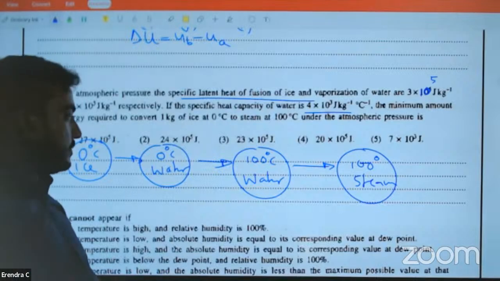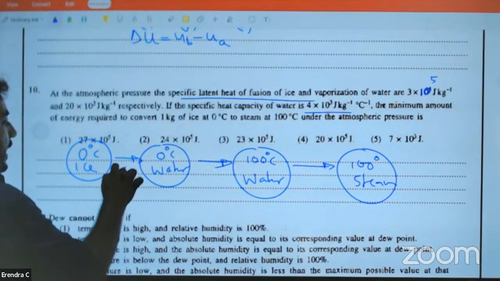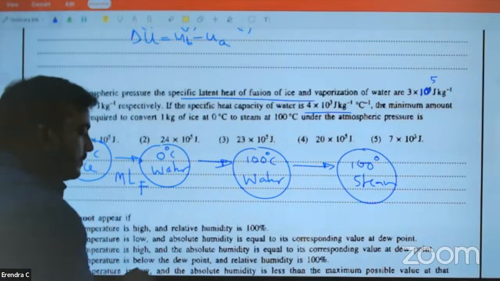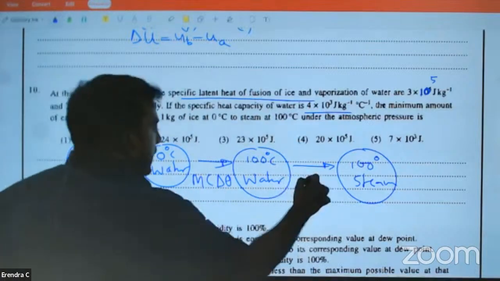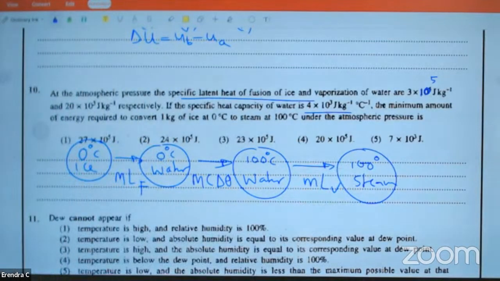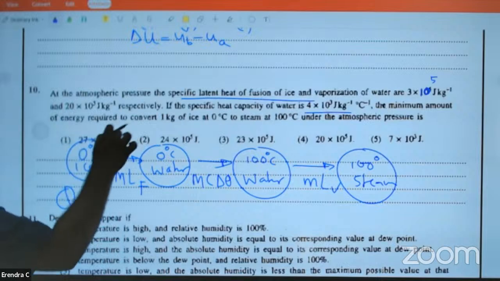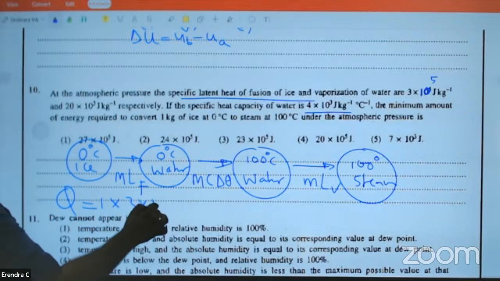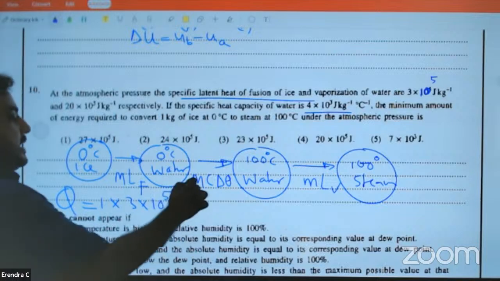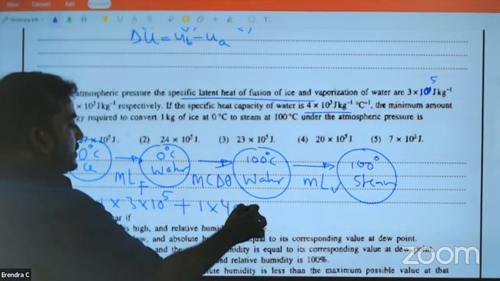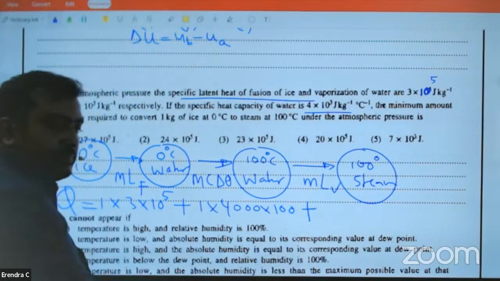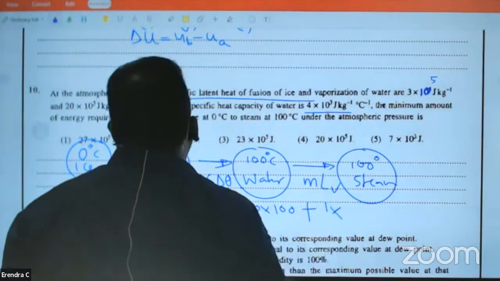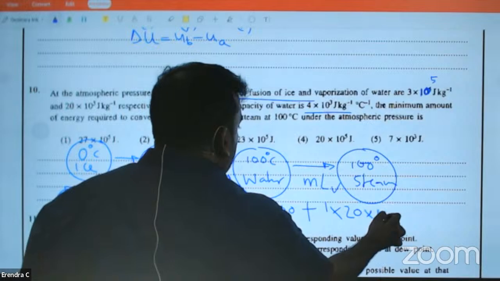That's your conversion. Here it's going to be m L_F, fusion. Here m s or m c delta theta. Here m L_V. So the amount of heat transferred Q is equal to m L_F, mass 1 kilogram, 3 times 10 to the power 5, plus m c delta theta, 1 times 4000 times change in temperature delta theta of 100, plus m L_V, mass 1 kilogram, L_V equal to 20 times 10 to the power 5.